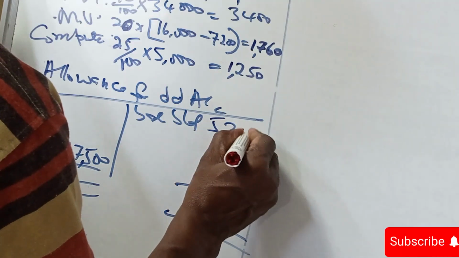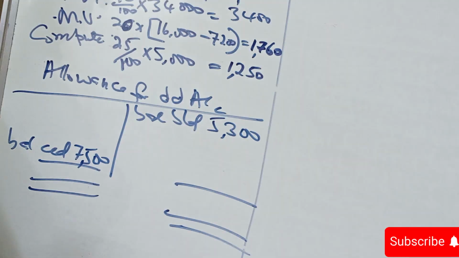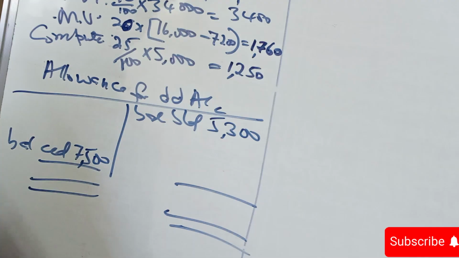When we have the opening and the closing balance, you must always know that the difference is what we take to the income statement. If it is increasing, it becomes an expense. If it is decreasing, it becomes other income. In our case, it is increasing from 5,300 to 7,500, and the increase is 2,200.